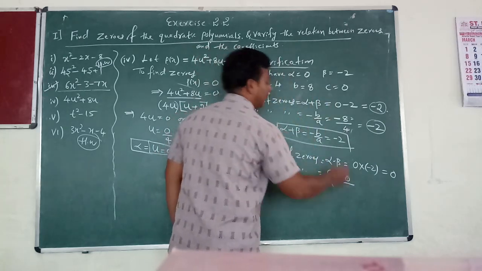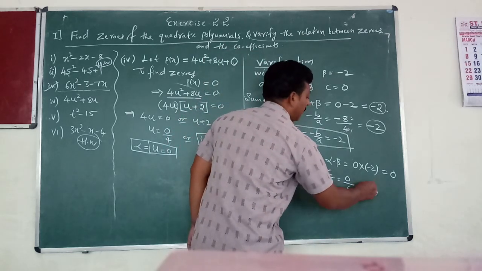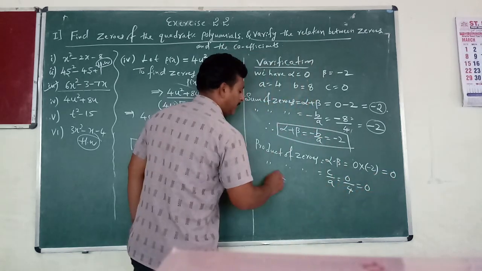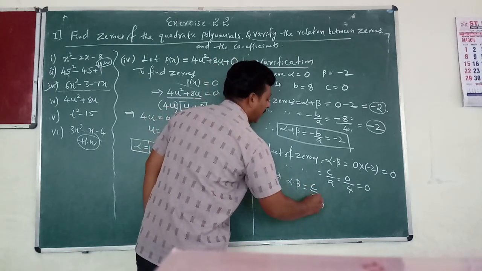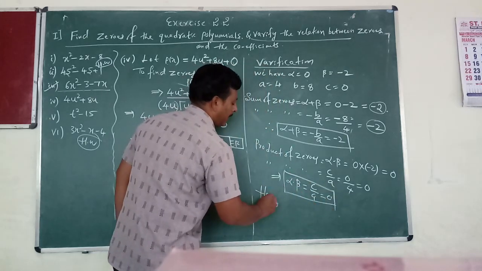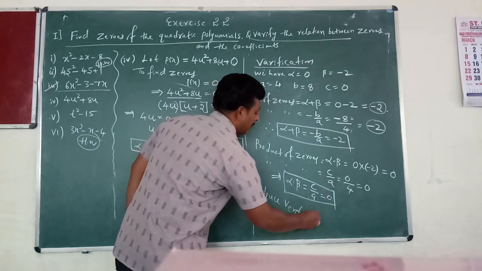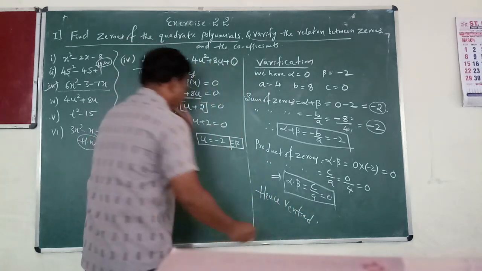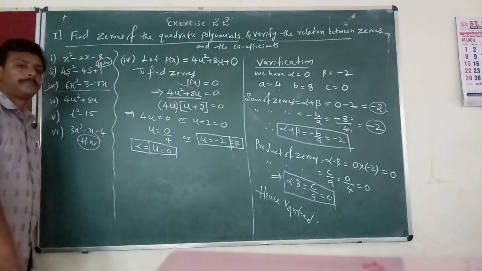A value is what? 4. 0 divided by anything is 0 only. So both answers are the same. This implies we can say alpha into beta is equal to c by a is equal to 0. Hence verified. I think this also you understood.